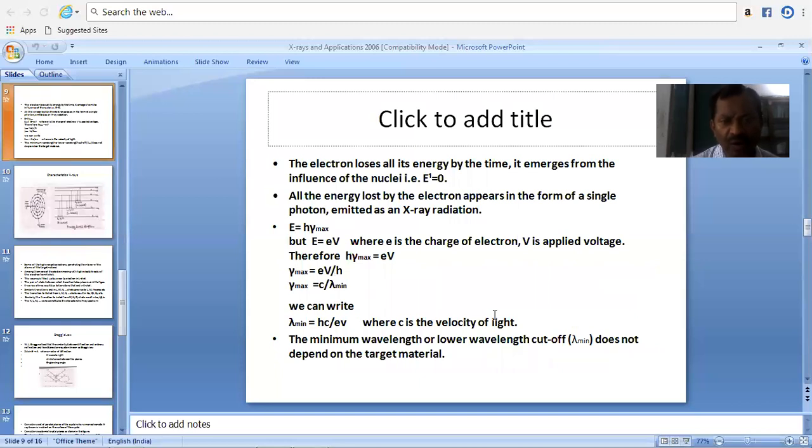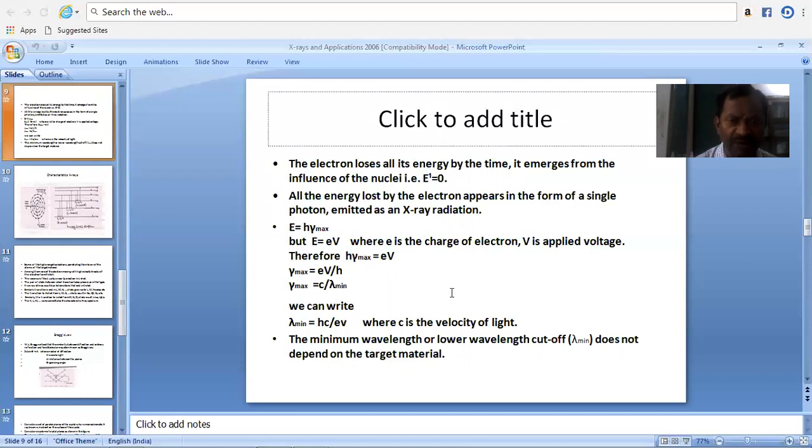The electron loses all its energy by the time it emerges from the influence of the nuclei, that is E dash equals 0. All the energy lost by the electron appears in the form of a single photon emitted as X-ray radiation.